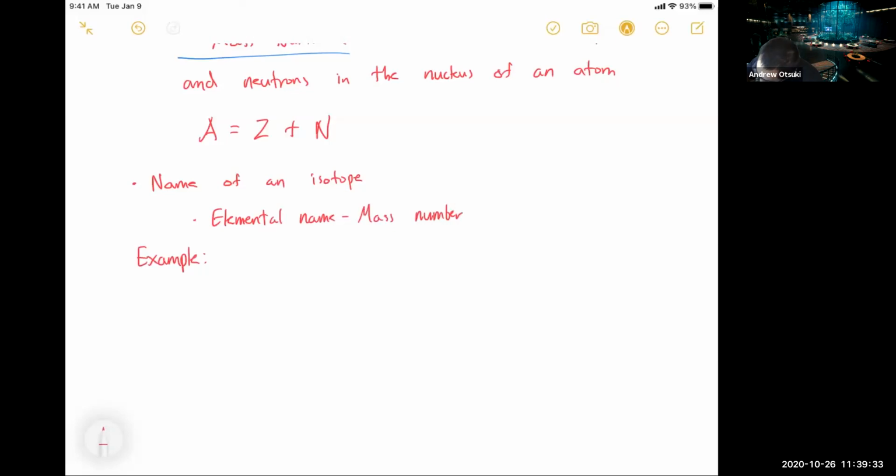Here is an example. Oxygen has 8 protons and 8 neutrons. How will we represent oxygen? Our mass number equals 8 plus 8, the sum of the protons and the neutrons.